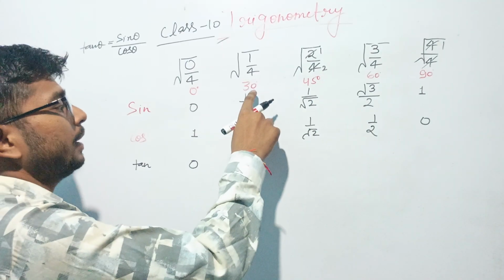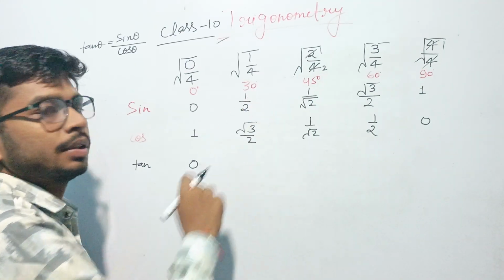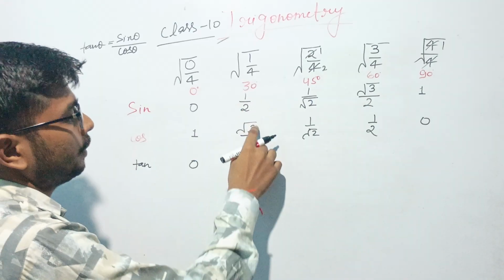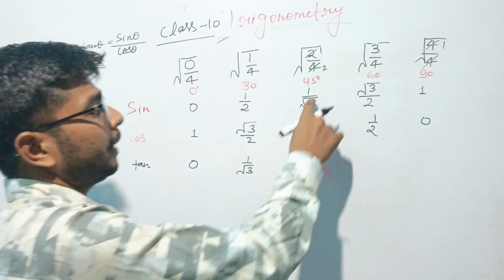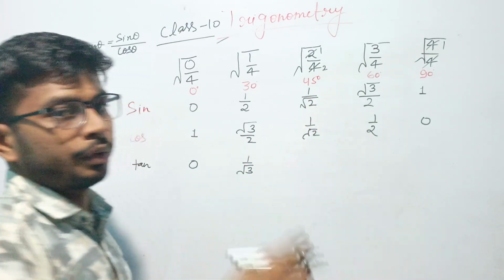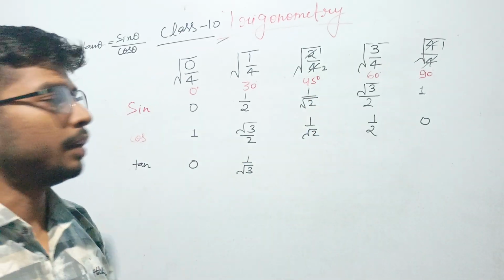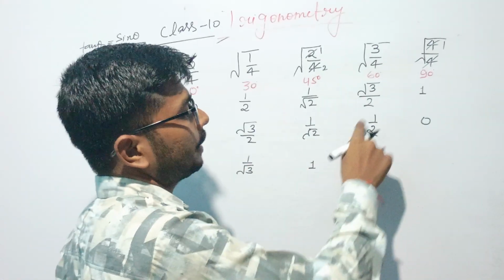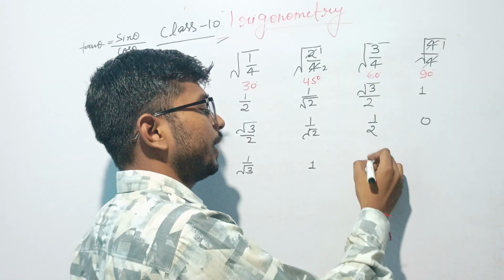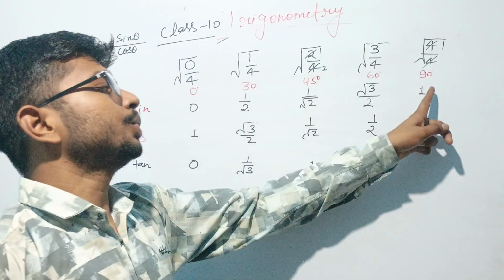Then for 30, 2 will cut, so we will get 1 upon root 3. Same thing, 1 upon root 2, if you cut, you will get 1. Then here 2 can cut, so root 3 you will get, and 1 upon 0.